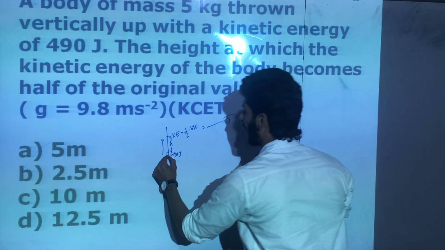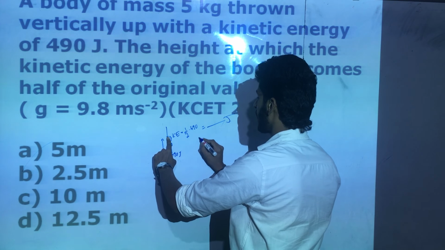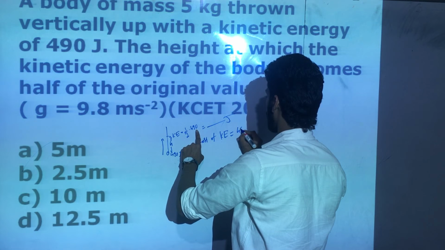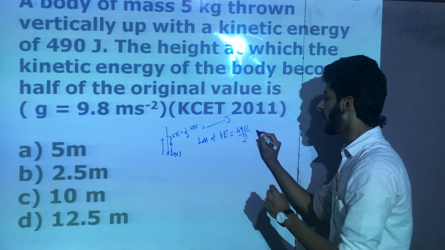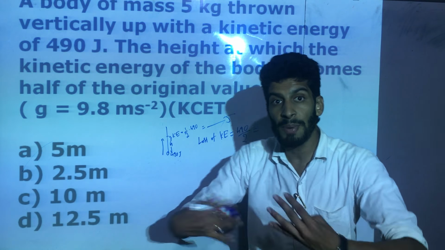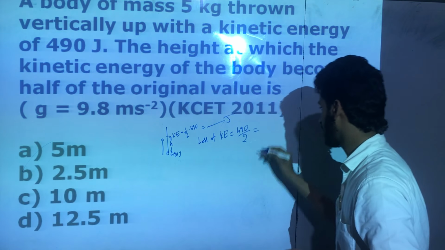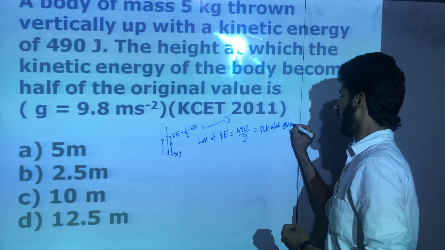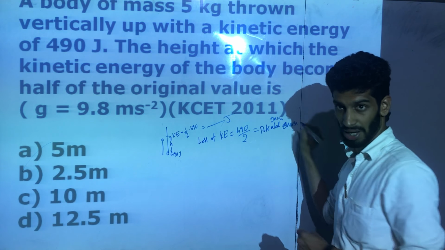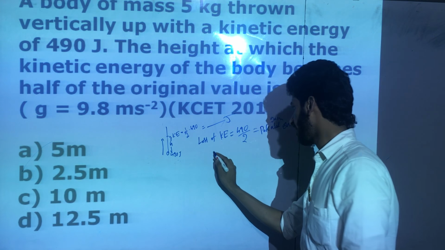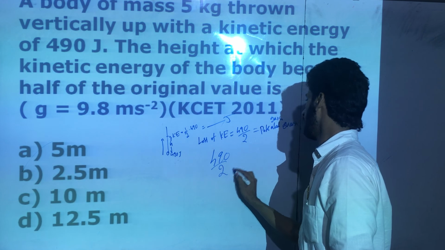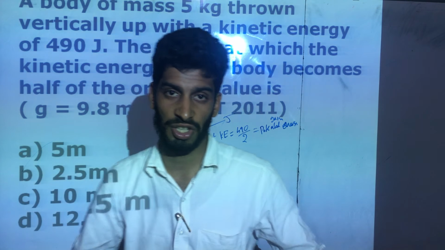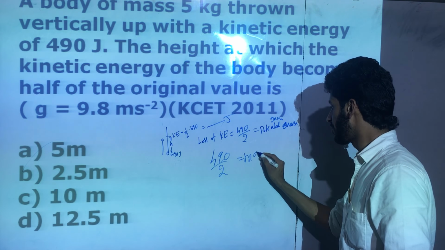So when it reaches this point, there is a loss of kinetic energy, that is 490 by 2, which appears as a gain in potential energy. So the loss of kinetic energy, 490 by 2, is equal to the gain in potential energy, that is the gravitational potential energy, mgh.